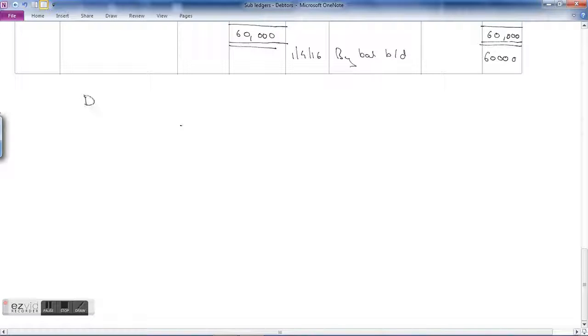Now as on 31st March 2016, if we prepare a trial balance as on 31st March or as on 1st April 2016, then the total balance in the debtors account and advance from debtors account will be: all debit balances we will take to debtors account, all credit balances we will group into advance from debtors account.